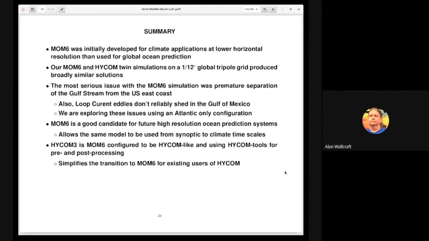So in summary, I said that MOM6 and HYCOM are very similar models, but of course, MOM was initially developed for climate applications. So how well does it do at higher resolutions and maybe for global ocean prediction? And I would say that the results are broadly similar.